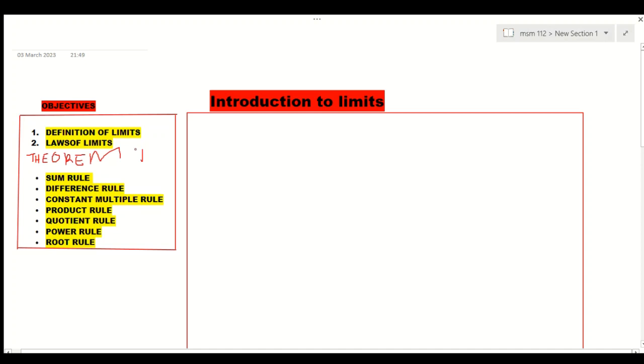Theorem 1 of limits, which has got these rules. There are so many rules, you'll see them as we go on, but in this tutorial it's just the introduction. So without wasting much of the time, let's get to introduce the limits.